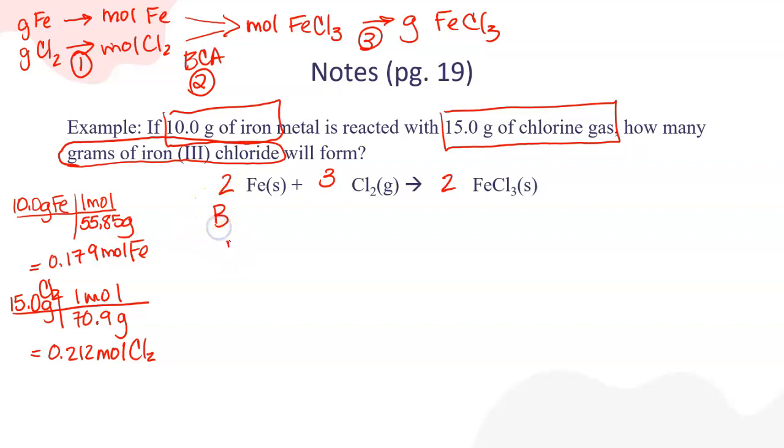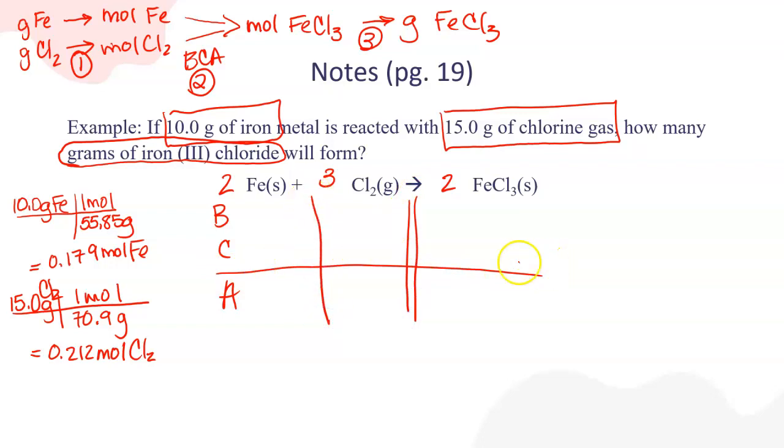So we're going to set up our BCA table mostly like normal. So for our products, we know we have no products at the beginning. But our reactants, we're going to fill in what we have at the beginning for both in the same table. So there aren't 2 BCA tables. The goal is to reduce your work, not make more of it.